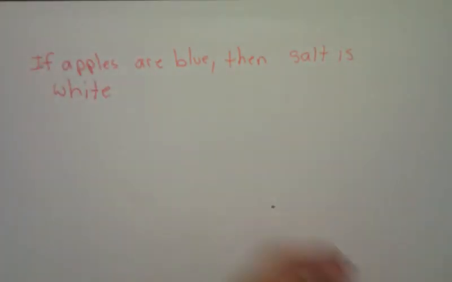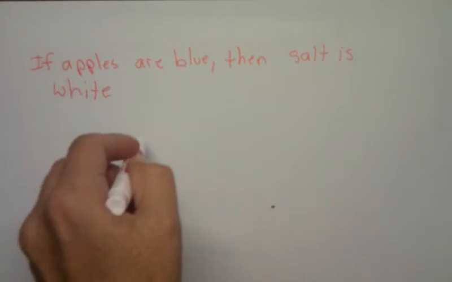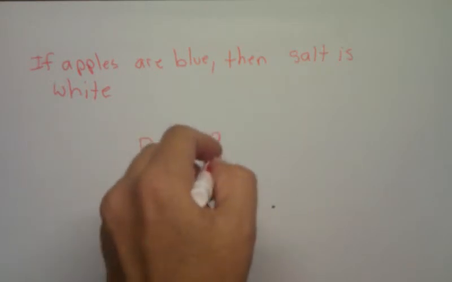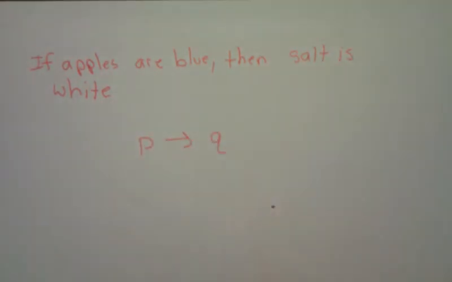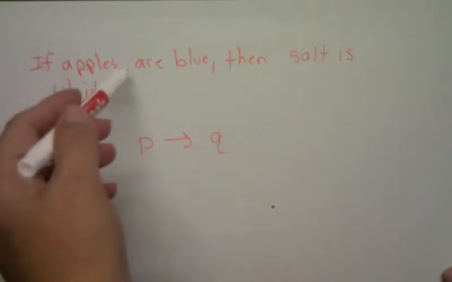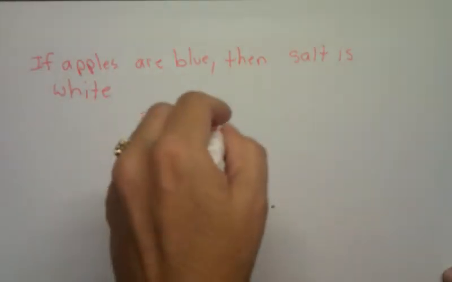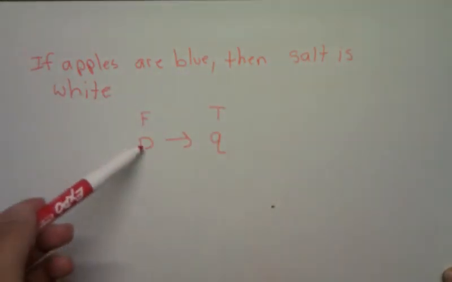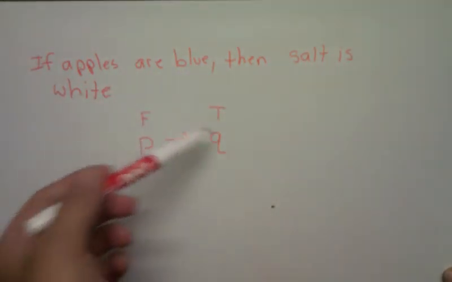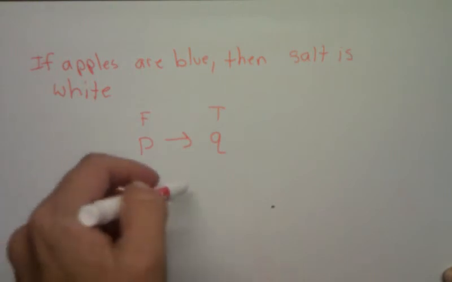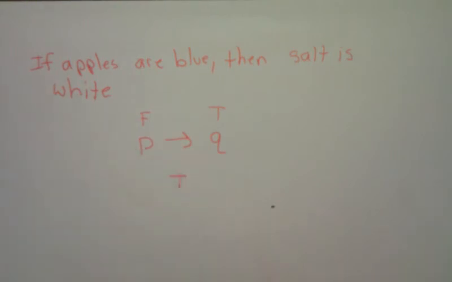What would that be? Alright, well, let's look at it. Are apples blue? No. Is salt white? Yes. Remember, on a conditional, if P is false, it's automatically true. Right? So this is true. On a conditional, if P is false, it doesn't matter what Q is. Do you remember?